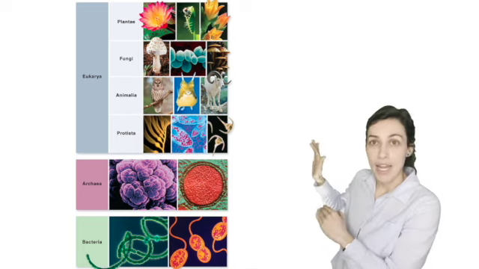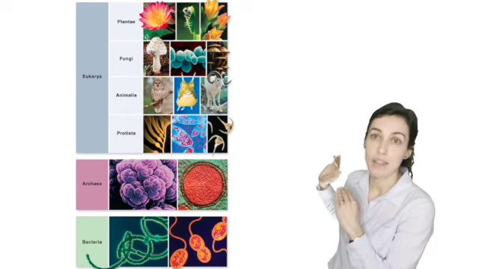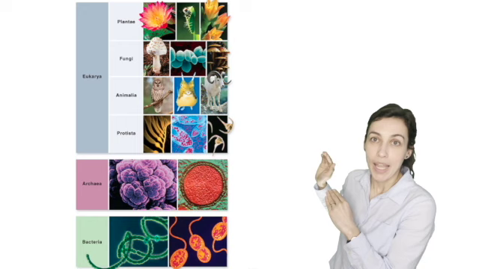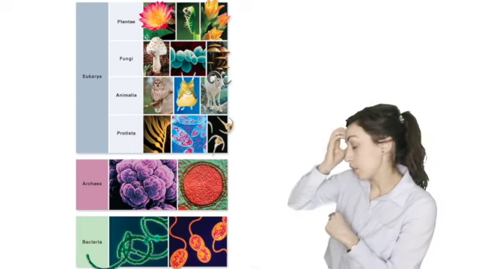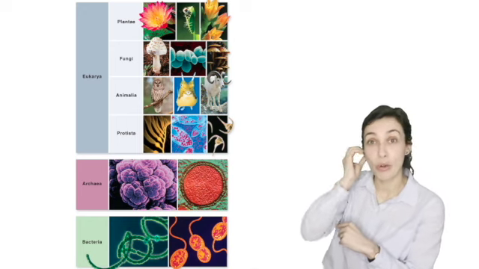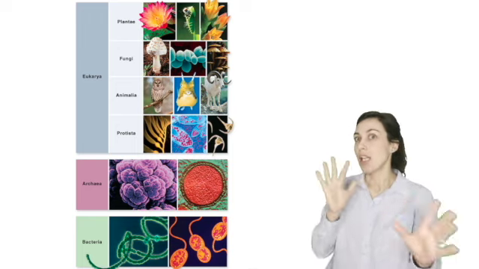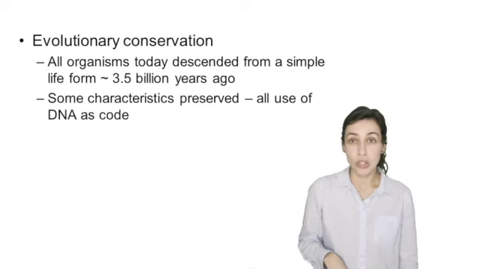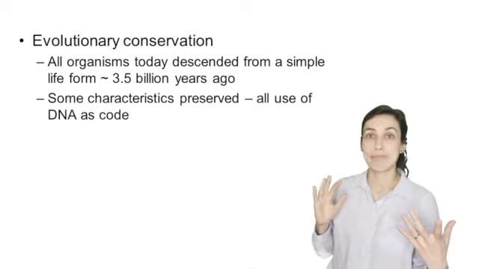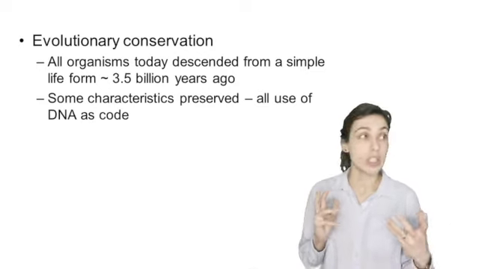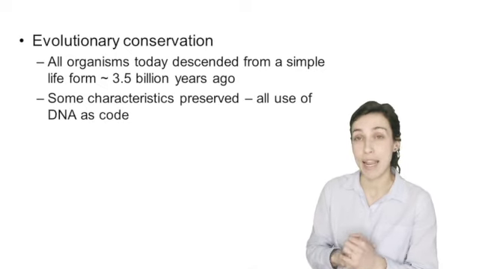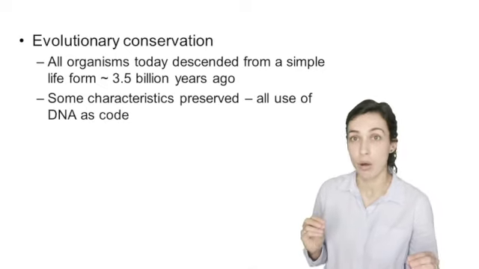There's plantae, plants, there's fungi, and there are animals, and there are protists. But if you want to know more about this, then take my Principles of Biology class, and we really go into depth. All organisms descended from probably a single living organism about 3.5 billion years ago.